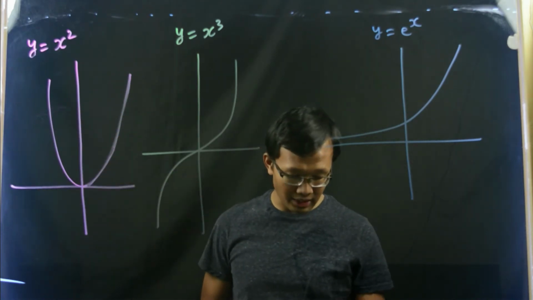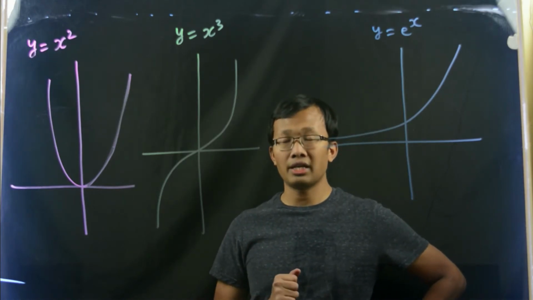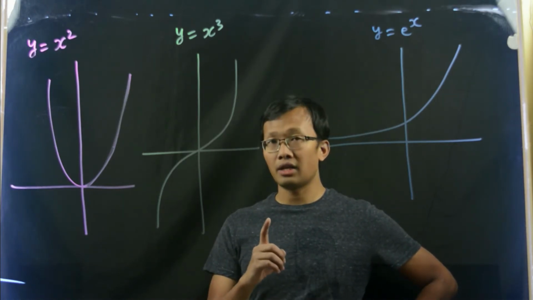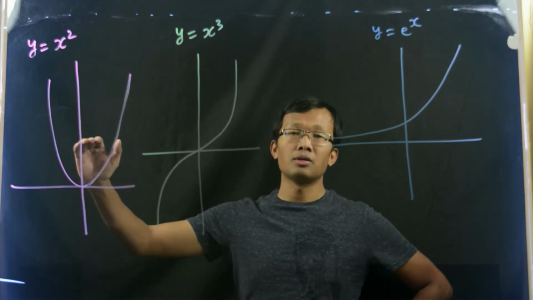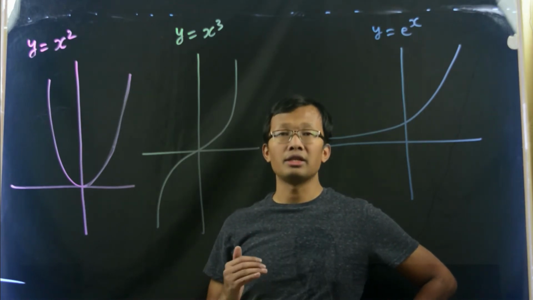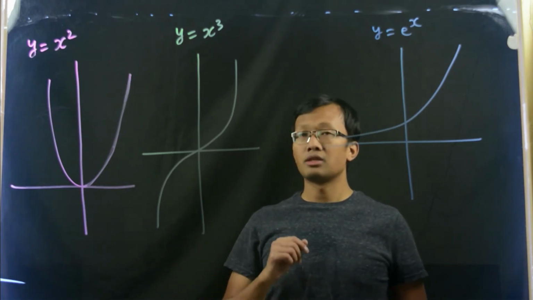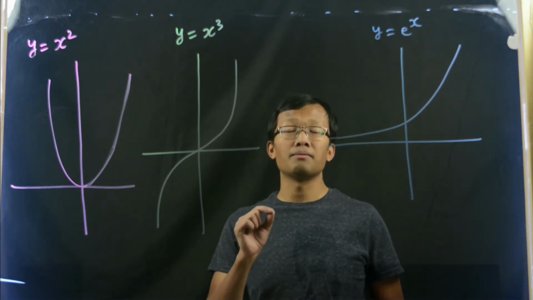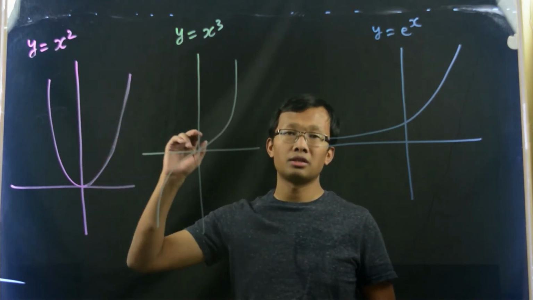The horizontal line test says that if at least one horizontal line intersects the graph of the given function more than once, then the function is not one-to-one. So any horizontal line must not intersect the graph of a function more than once.